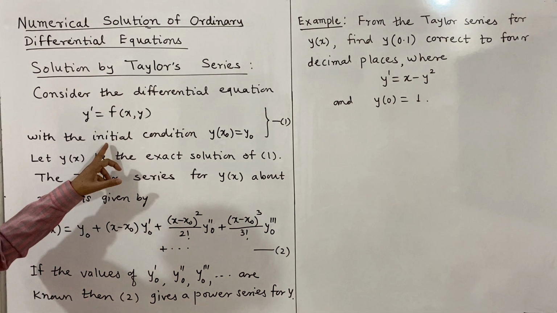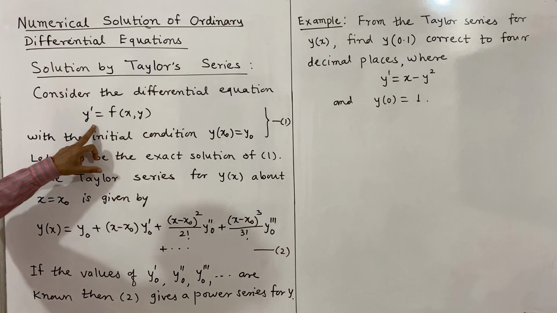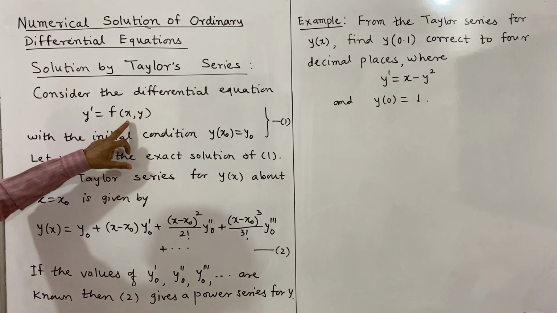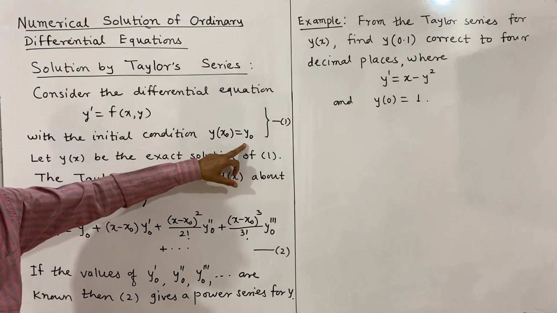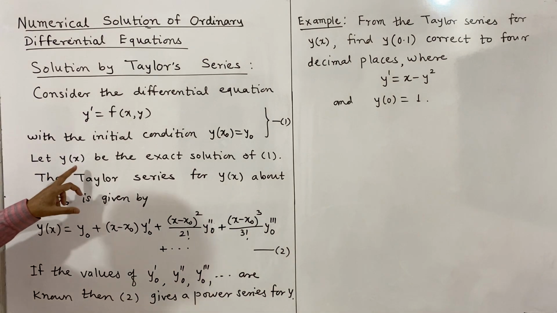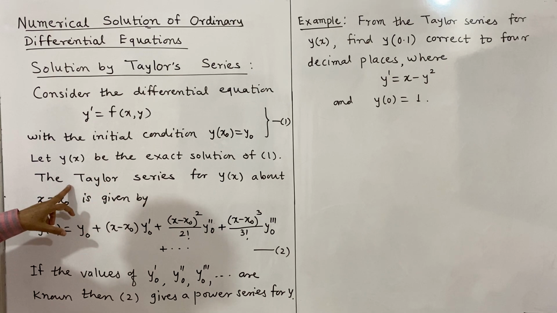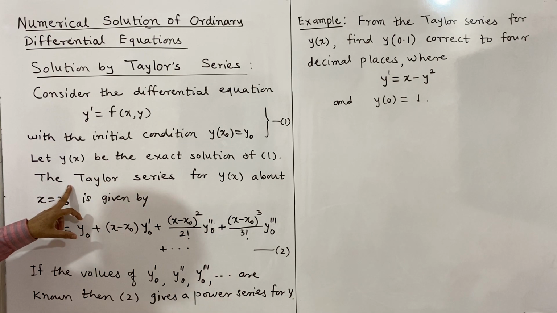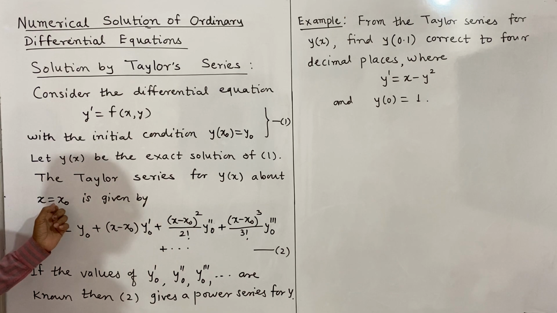Here we will consider initial value problems, and the equation we have written here is y dash is equal to f of x comma y, and the initial condition is y at x naught is equal to y naught. We assume that y of x is the exact solution of this differential equation, and we expand this function y of x using Taylor series about the point x is equal to x naught.